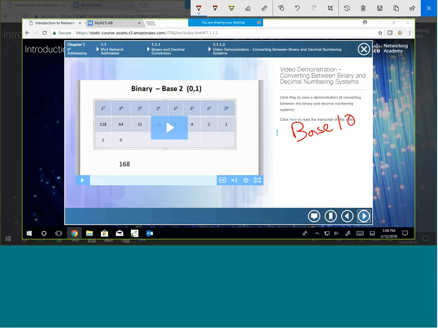But we've got a base 10 system, which means we have the digits 0 to 9. And we go 10 to the 0, 10 to the 1, 10 to the 2. So we've got a 1's position, a 10's position, and a 100's position.